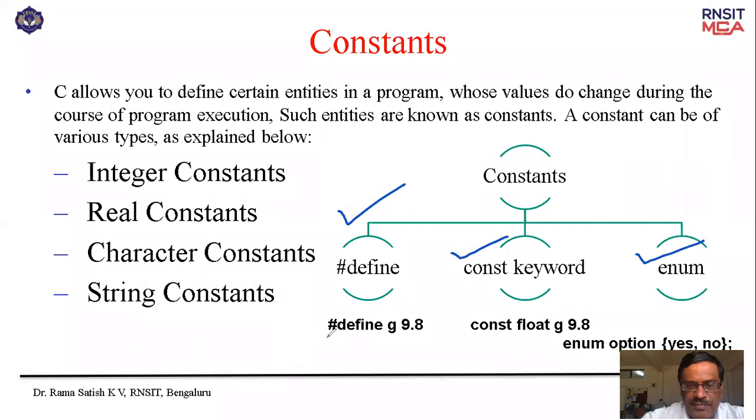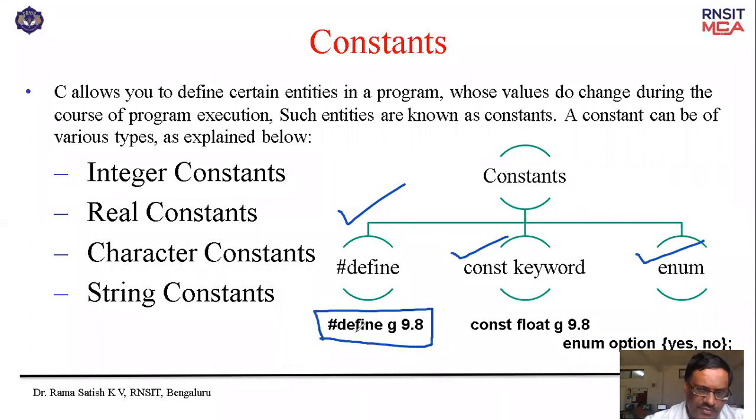Look at the example I have given: #define G. There is no space, no equal to, nothing. #define G space 9.8. So this defines G as 9.8, the gravitational value.